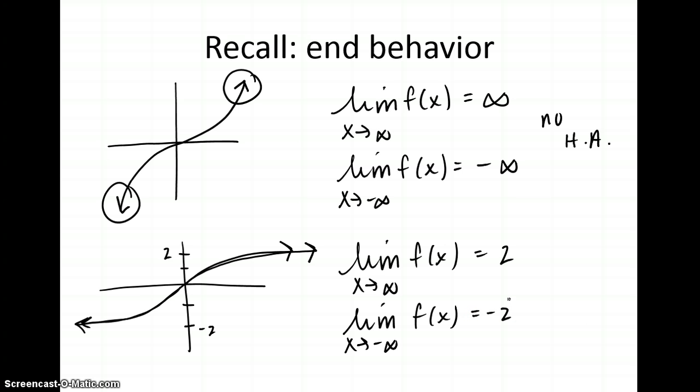And this is why it was important to say a function can have at most 2 horizontal asymptotes. So there would be a horizontal asymptote at y equals 2, and a horizontal asymptote at y equals negative 2. That infinite behavior still gives us very critical information about the graph of the function, but the limit itself, we would say, does not exist. Because the limits don't exist, there's no horizontal asymptote.